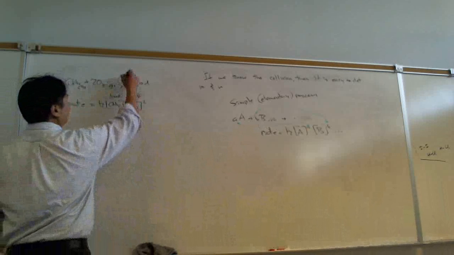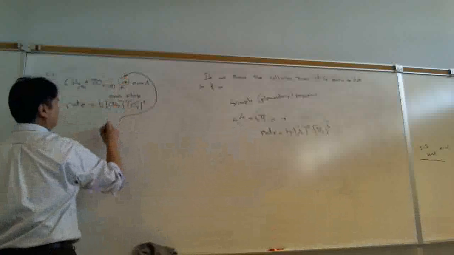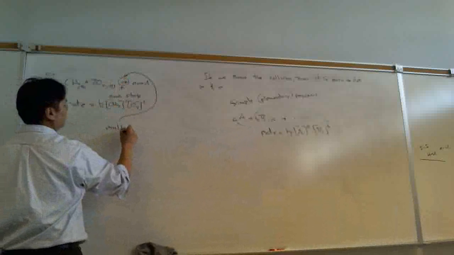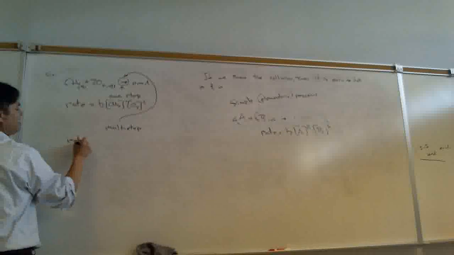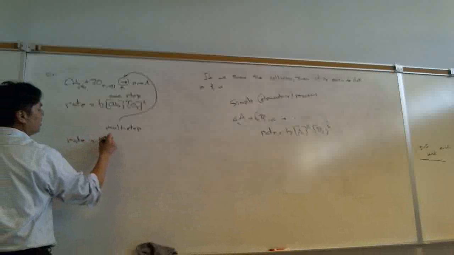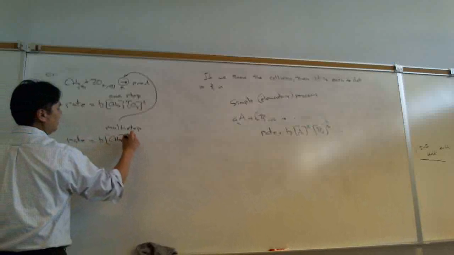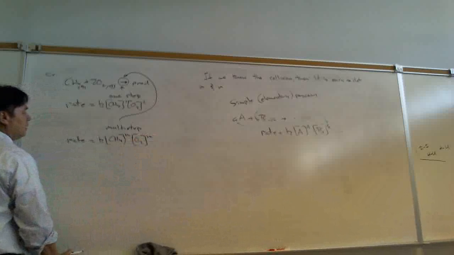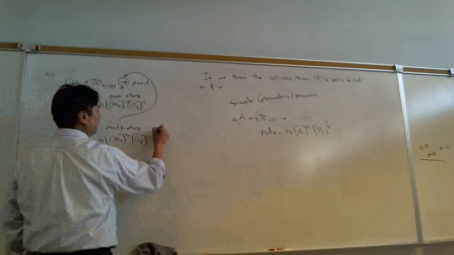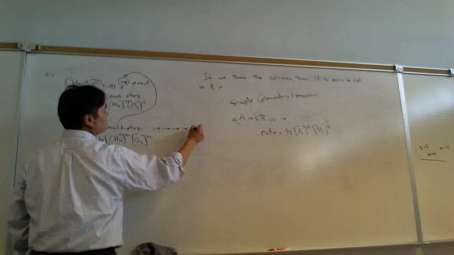If, on the other hand, it's multi-step, then we don't know, because the rate is just going to equal k[CH4]^m[O2]^n. In a multi-step mechanism, we have to break it down into individual collisions.